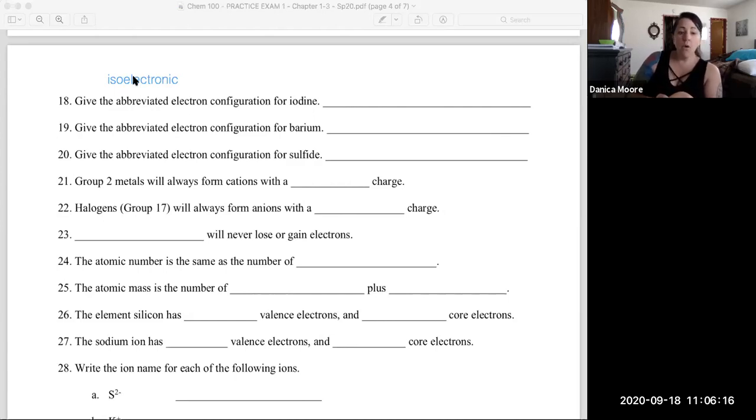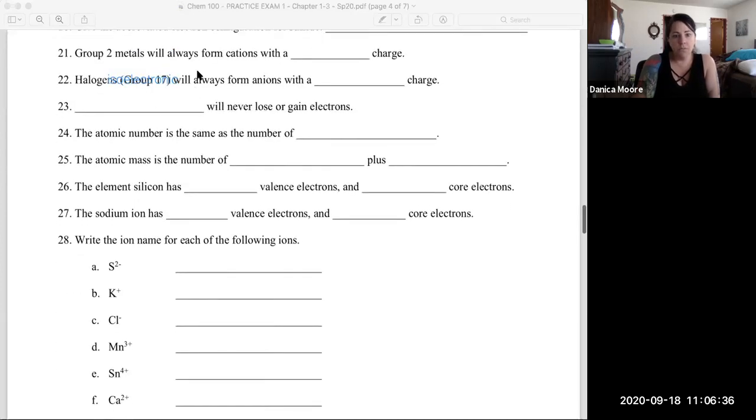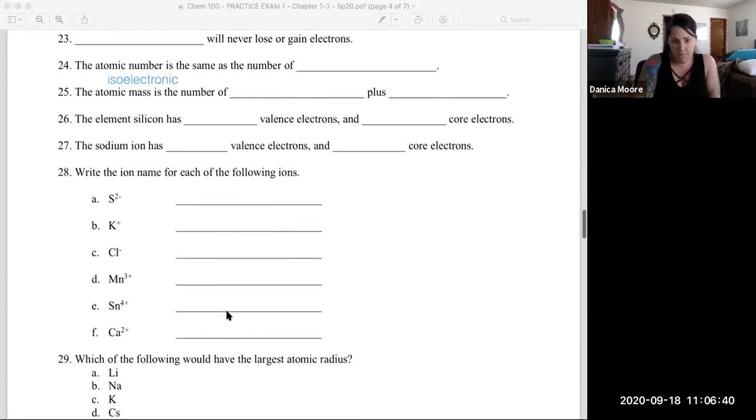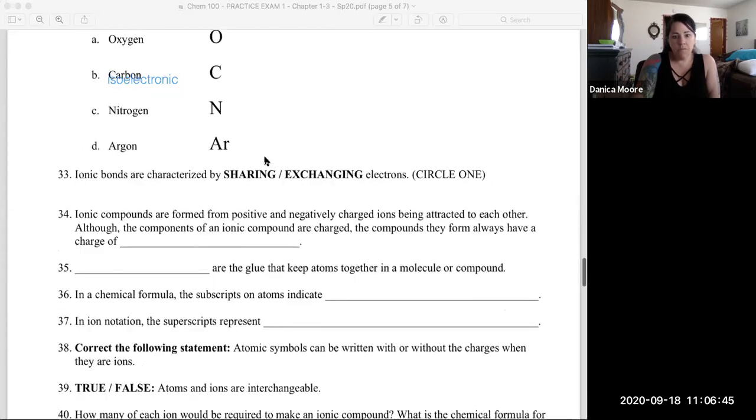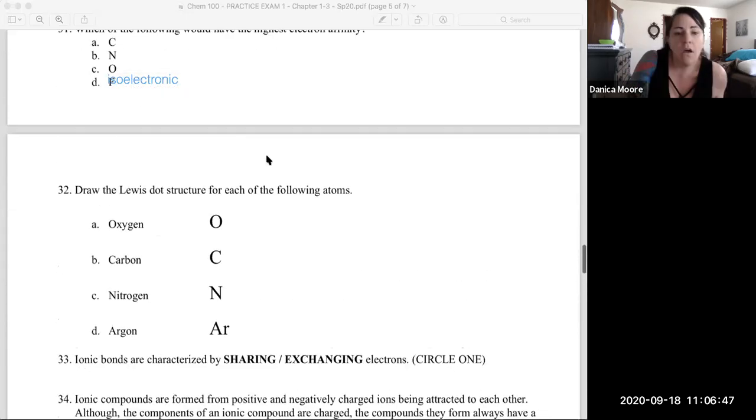Or vice versa: when an ion and an element are isoelectronic, it means blank, again as multiple choice. You know what I mean? Cool. We'll go through and do some examples of these together, because I think this is some of the new material.